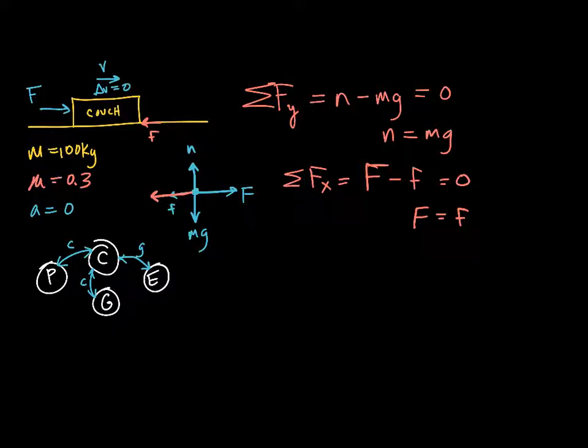I did that on purpose, just to illustrate the way that we naturally think about it. If there's motion in a direction, you would assume that the applied force is greater than all of the resisting forces. Well, it's greater than or equal to. If it were truly greater than, then the acceleration wouldn't be 0.